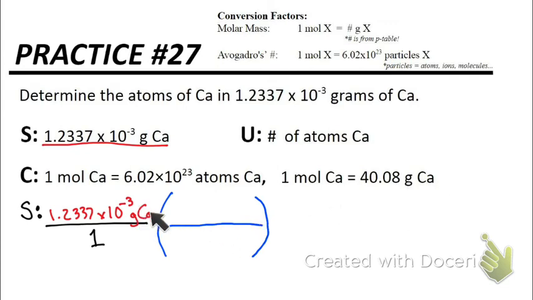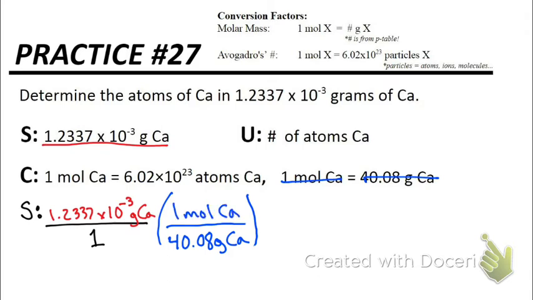How many grams of calcium? 40.08 grams of calcium. If we use one half of our conversion factor on the bottom, we have to use the other half on top. So that would be 1 mole of calcium on top.